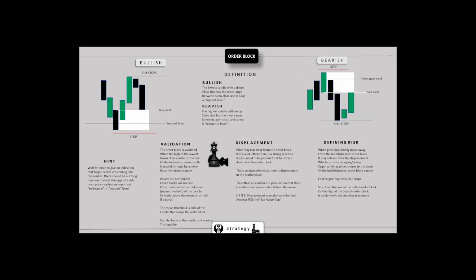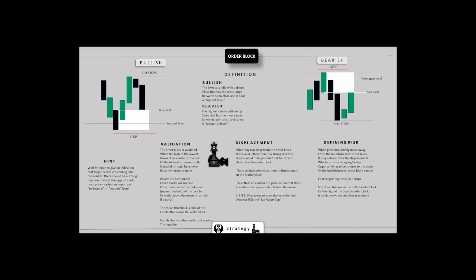The question you want to ask yourselves while backtesting, to see which order blocks are being respected and which are not, is: where can you identify the support level and where can you identify the resistance level that will be viable for you to take trades off of?